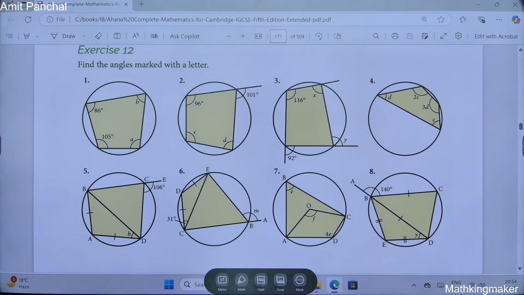D is 45, right? H is 37, sir. Yeah, right. 7. 8, you're right.